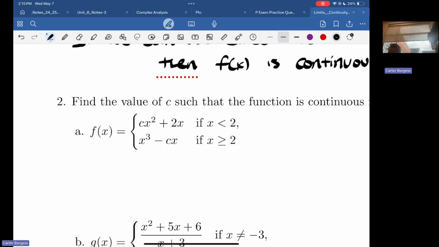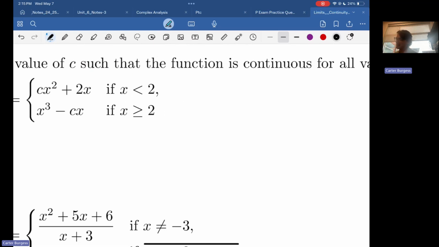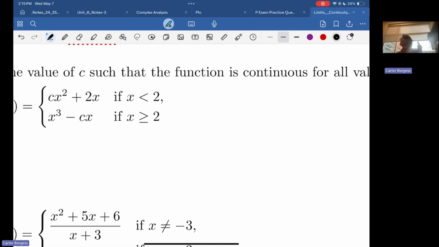For numbers that are less than 2, where I do not care what's going on with my bottom equation, c x squared plus 2x, are there any values of x where I am potentially running into a domain error? Are there any values of x that I couldn't handle using direct substitution? No. So for any value of x to the left of 2, anything less than 2, our function is going to be continuous. We can just do direct substitution. We'll be fine.